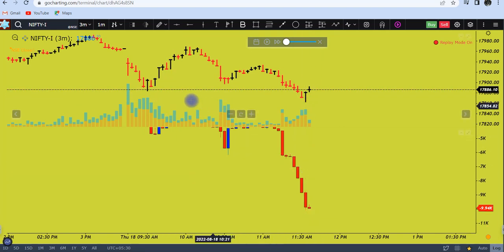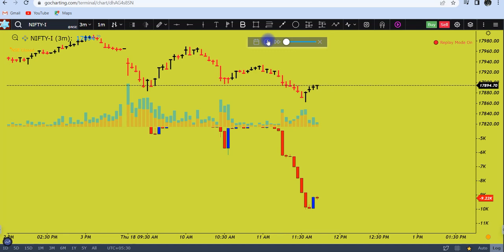Okay, now we had seen a stopping or reduction in selling pressure somewhere here. Now we've not actually seen it in terms of delta, but in terms of price, there is nothing much that has happened. It's hardly 20-30 points. Okay, so a short for me at this point is an absolute no.